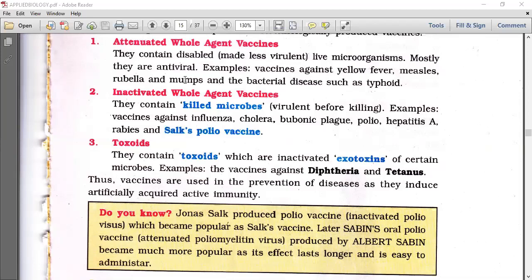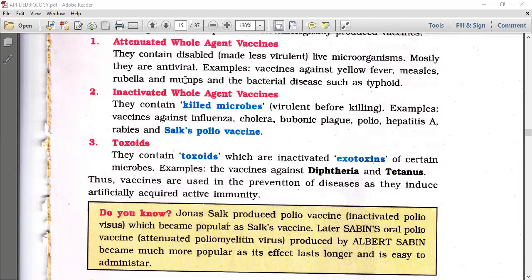Then the toxoid vaccine: we don't take the microbe totally, but a product of the microbe or a surface protein of the microbe. They contain toxoids, which are inactivated exotoxins of certain microbes, inactivated toxic material. Exotoxin means the microbe releases the product, that kind of toxin, and we take the inactivated form inside to develop what? To develop memory cells.